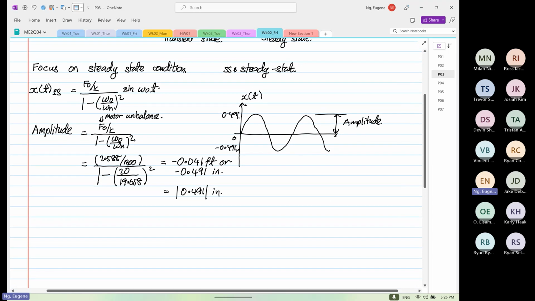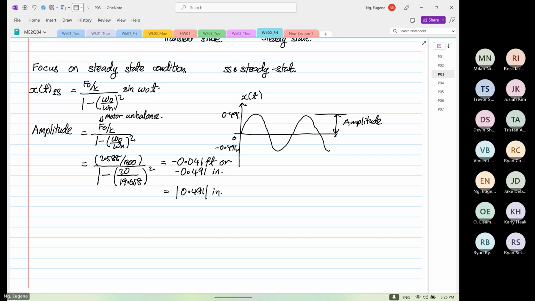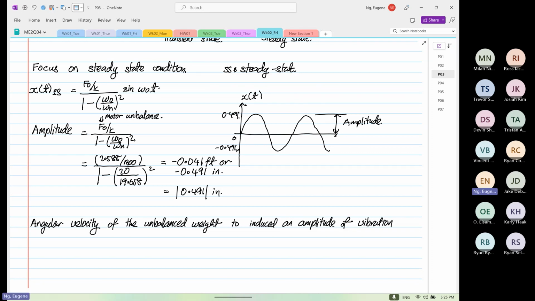The last part of the question asks us about the angular velocity of the unbalanced weight to induce an amplitude of vibration of 0.25 inches.